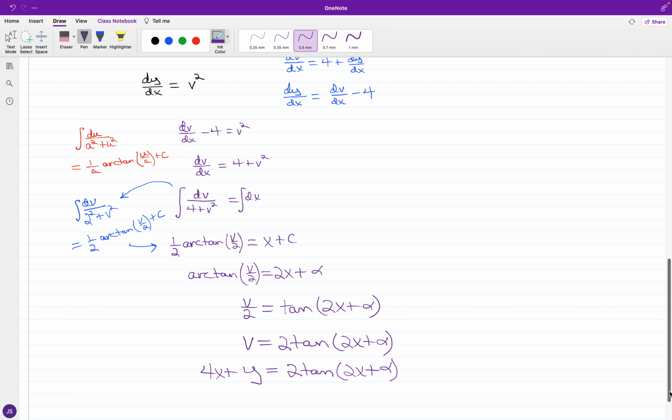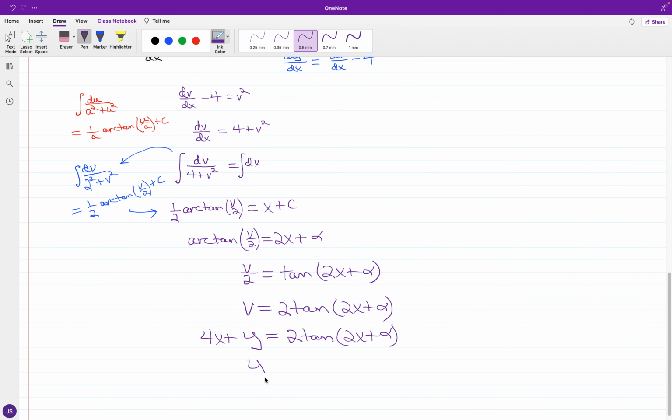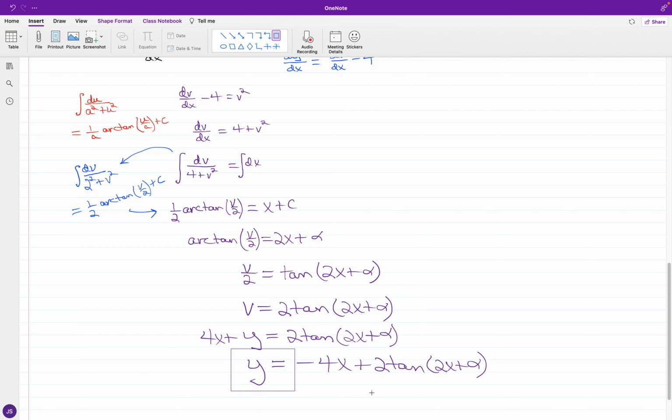Here I can isolate y, or I can say that y is equal to negative 4x plus 2 times the tangent of the quantity 2x plus alpha.